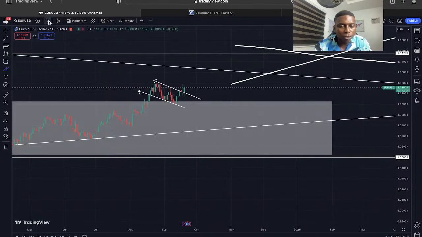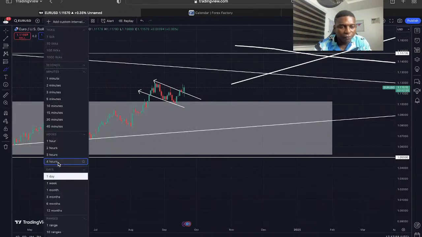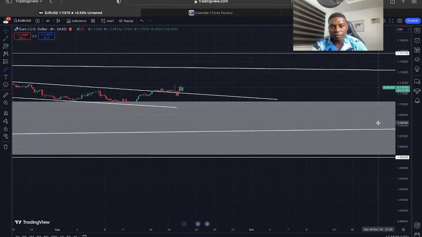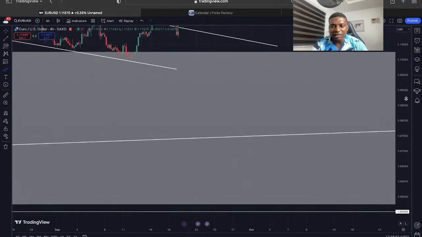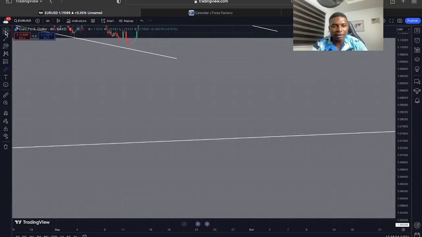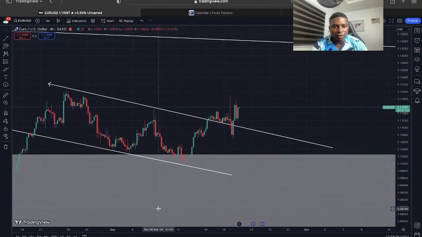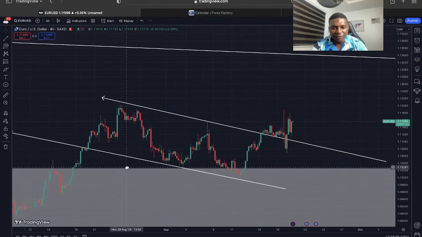Now, when we go down to the 4 hour time frame, we can see the channel very, very clearly. So the smaller the time frame, the clearer what the market is doing.